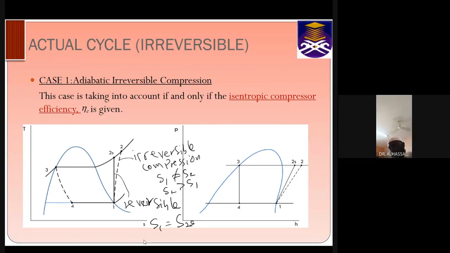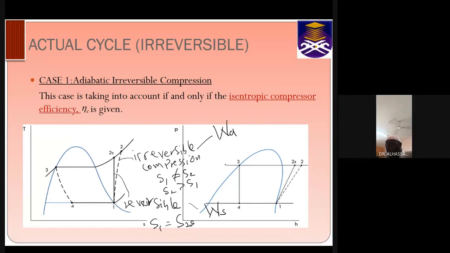If you want to define the relationship between a reversible compressor and an irreversible compressor, assume that the work input to the irreversible compressor is given by WA, and the work input for the reversible compressor is given by WS.